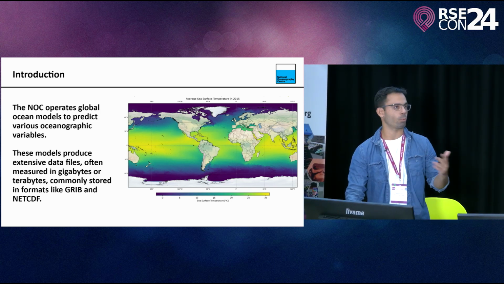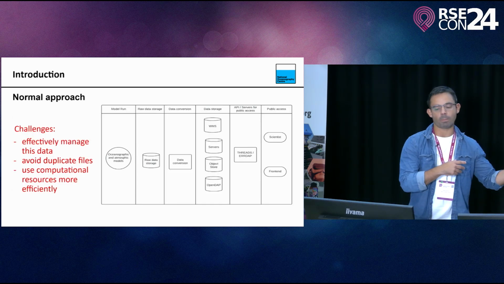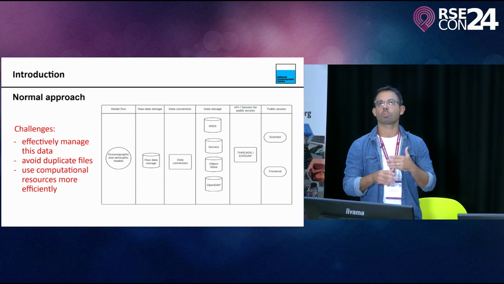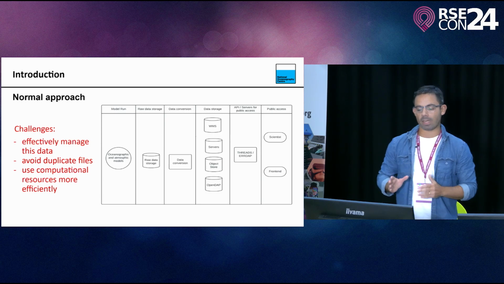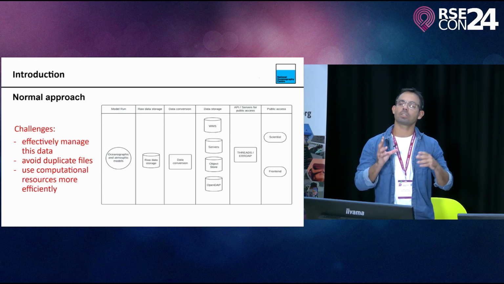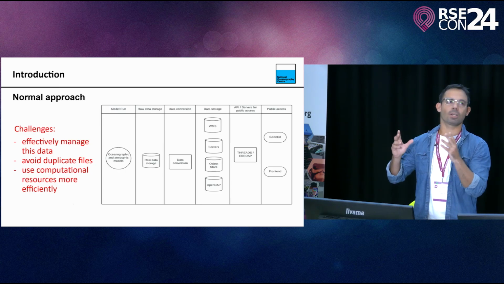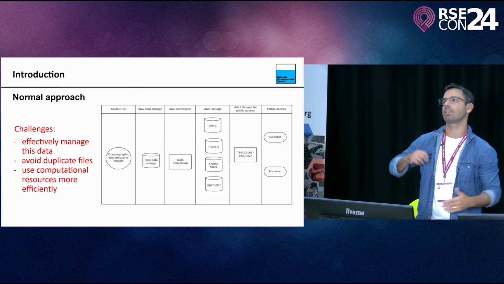So the normal approach that most institutions follow is to run the models on some HPC system, and then they get the raw output from the models. They have a data conversion layer to convert that format to other formats because they have several clients: web applications, APIs, scientists.